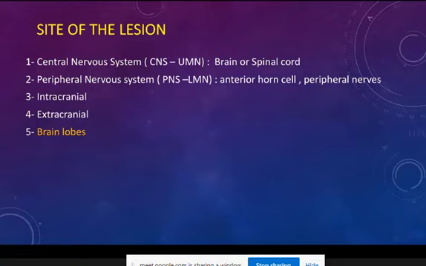So intracranial has got two sides. Either hemispheric lesion. If you say this patient has got a right hemispheric lesion, I will accept it from the medical students.